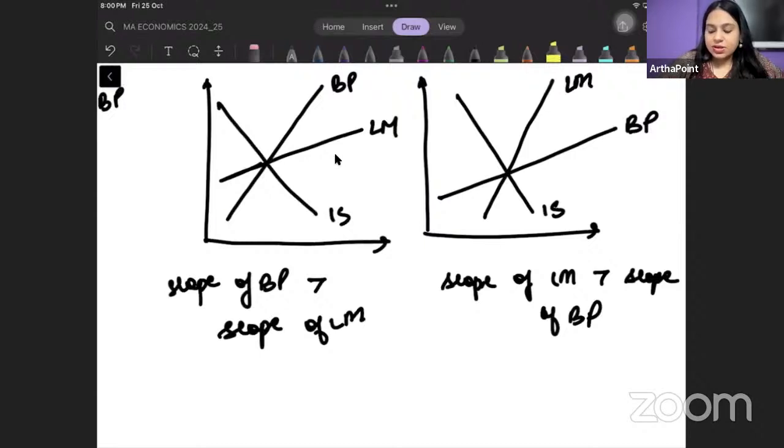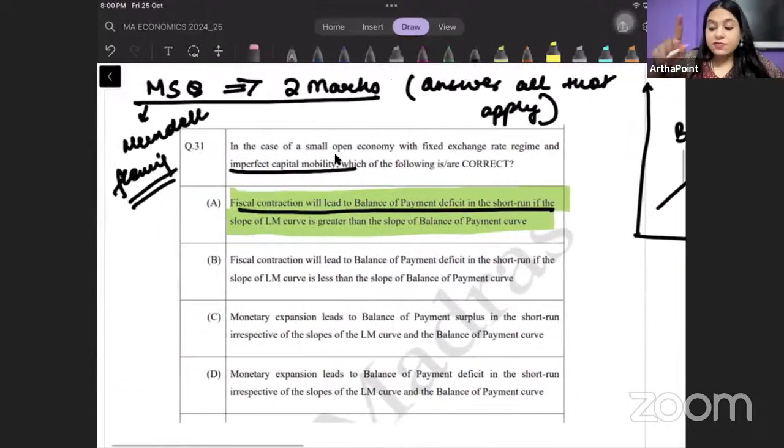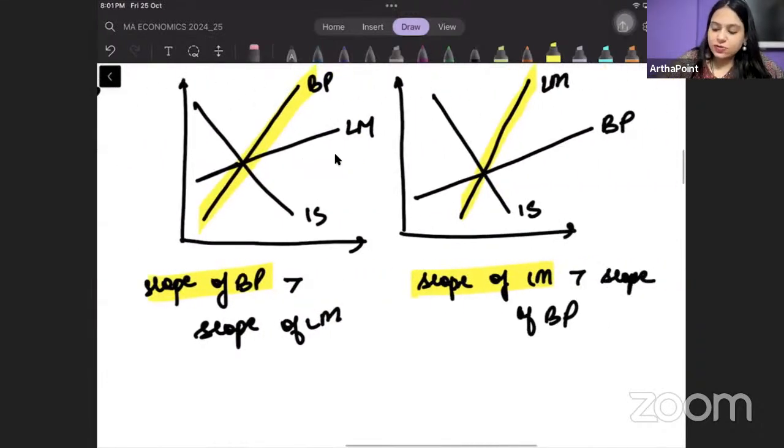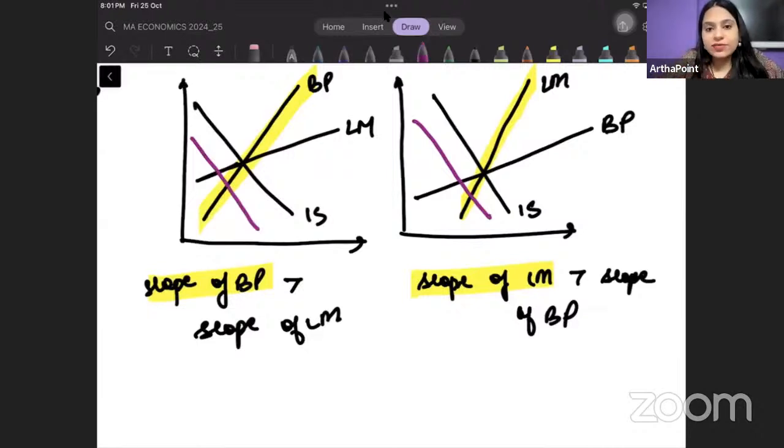Because ये steep है यहाँ पे, इसका slope ज्यादा है, ये यहाँ पे steep है, इसका slope ज्यादा है. Now there is fiscal contraction. ठीक है, contraction में IS curve को backward shift कर दो. बस stop here. You don't have to go forward.